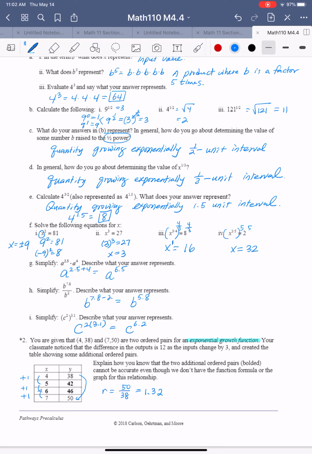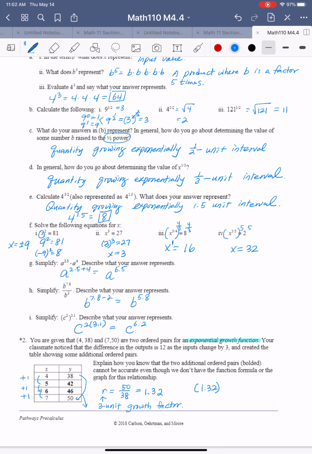Okay. So this number is actually the 3 unit growth factor. It's 3 units because it's from 4 to 7 as a jump, right? So r was 1.32 as a 3 unit growth factor.